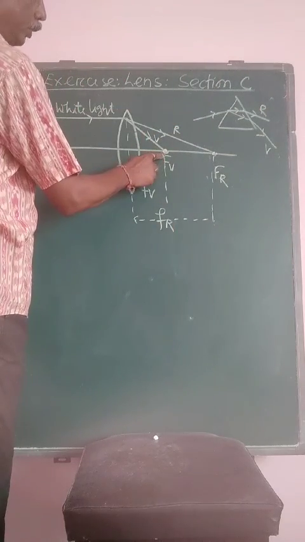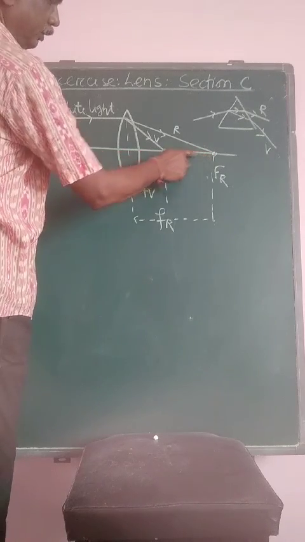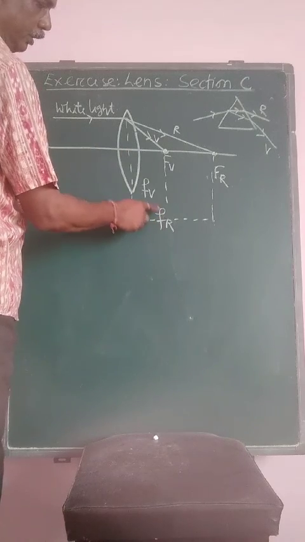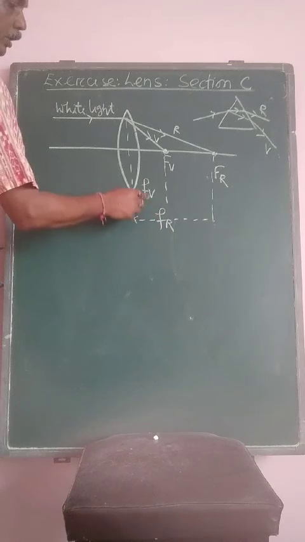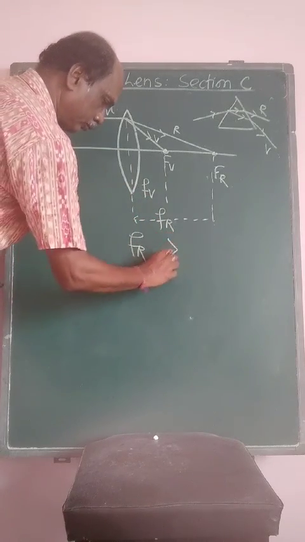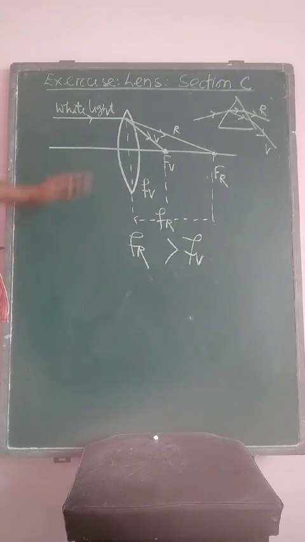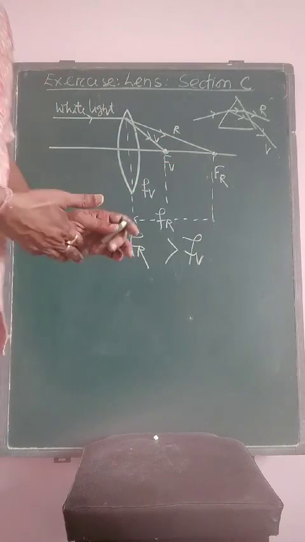So focus for violet is closer to the lens, focus for the red is farther from the lens. So focal length for the red is greater than focal length for the violet. That is, focal length is changing with color. So focal length of a lens changes with the wavelength of light used.